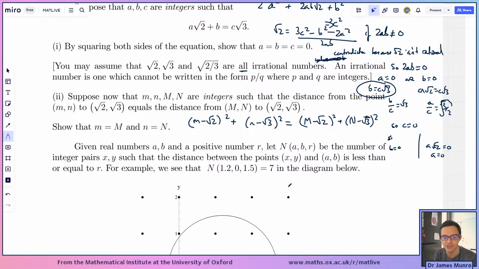Oh, sorry, I see what you're saying. Anonymous in chat is telling me that I can't assume that root 3 over 2 is rational. I can only assume that root 2 over 3 is rational, because that's the one in the question. Did you see me pause while I was doing this? It's because I divided the wrong way. I should have divided by A rather than divided by C if I wanted to use strictly the thing in the question. You're right. Of course, if one of these was rational, then the other one would be as well, because you could just flip the fraction over.